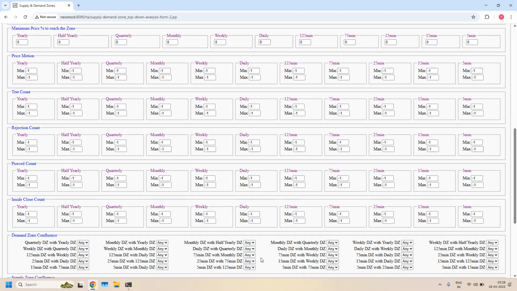First, weekly demand zone should overlap with the monthly demand zone and also quarterly demand zone. So this is weekly demand zone with quarterly demand zone, and this quarterly also should overlap with monthly. So that's why I am setting monthly demand zone with quarterly demand zone. That means all 3 are overlapped with each other.